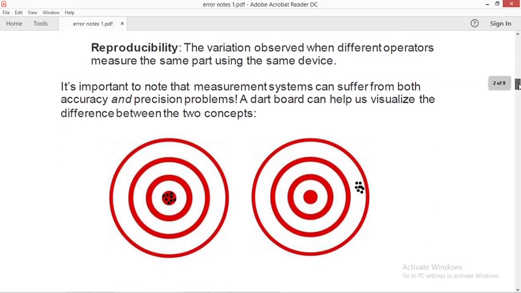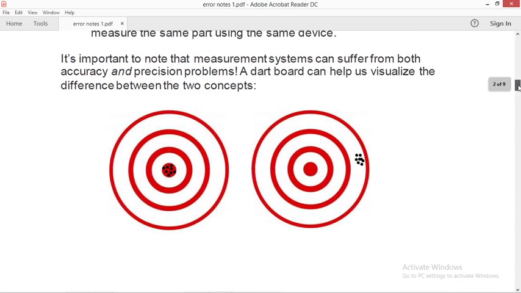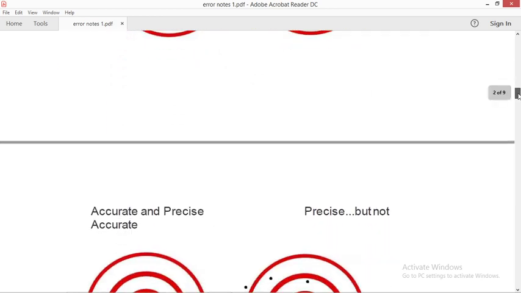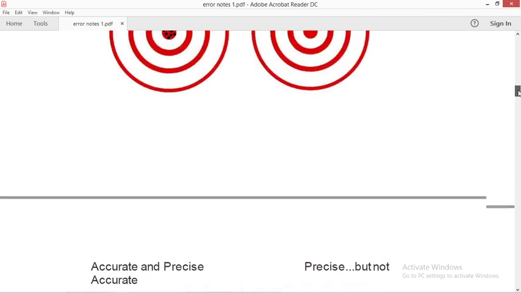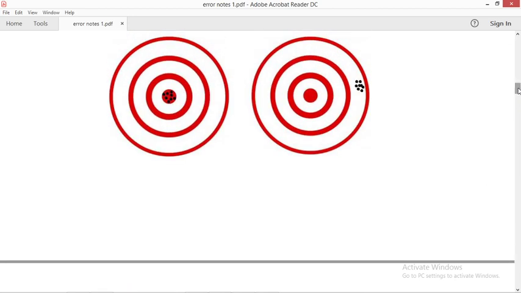Now over here we have considered a dartboard that can be useful for us. In this dartboard the black dots show how precise and accurate it is. The innermost circle represents accuracy, and all the dots being close to each other means precision. So the first circle on the left is accurate and precise.